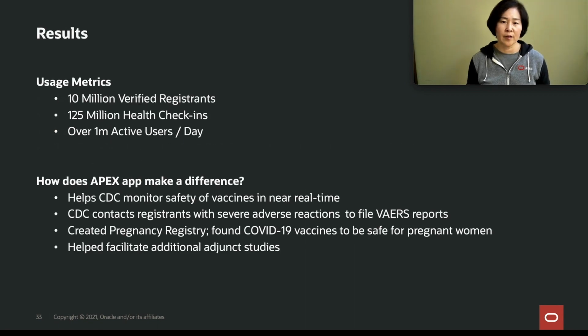Today, vSafe is used by 10 million verified registrants with 125 million health check-ins. During the peak vaccination time, which was early this year, over 1 million active users were using the vSafe system per day.